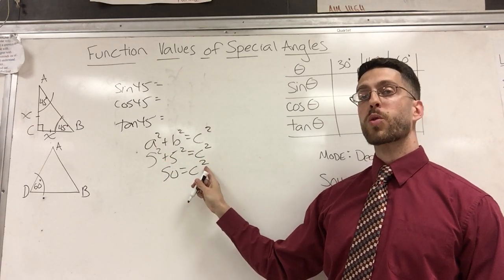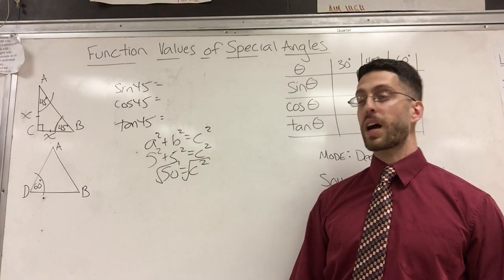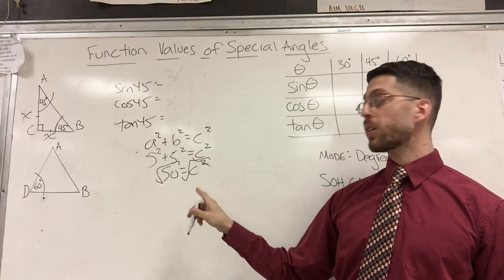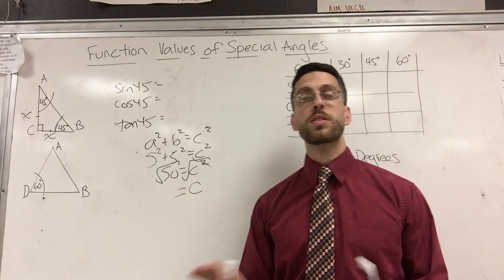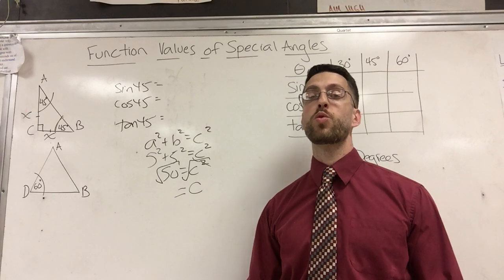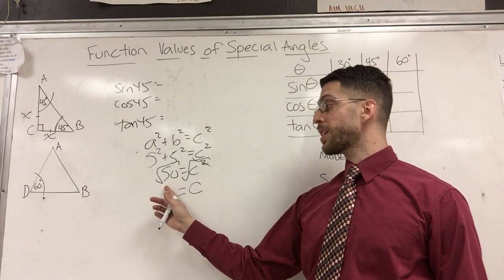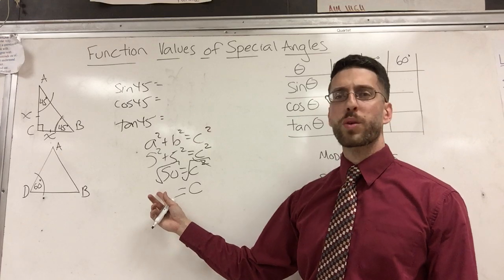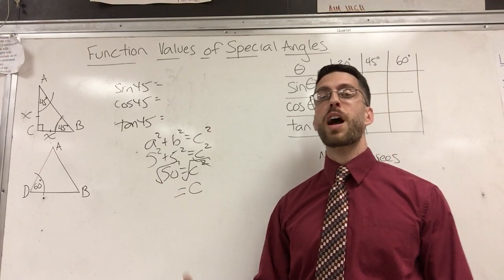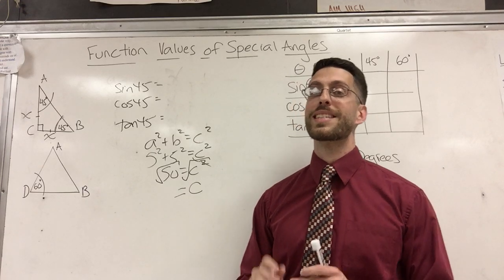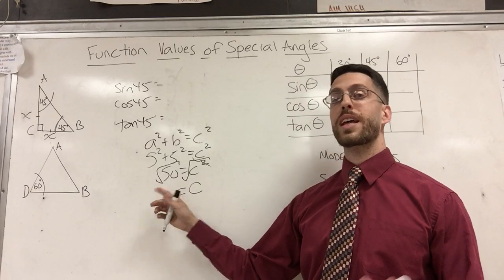If your variable is squared, the inverse is to take the square root of both sides, because a square and a square root will cancel out, leaving you with the variable alone. Then you just tell me what the square root of 50 is. Don't run to the calculator. This video is actually to help you do high quality math without a calculator. Yes, you might get a decimal, 7.01 or something, but in trigonometry, we'd rather have answers in exact values, simplest radical form, because if you go to the calculator, you're going to end up rounding.